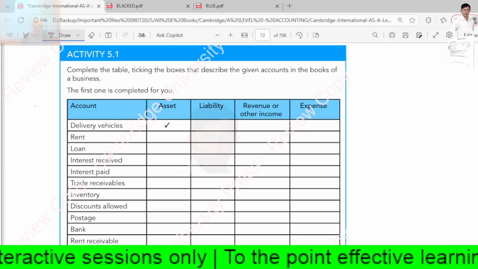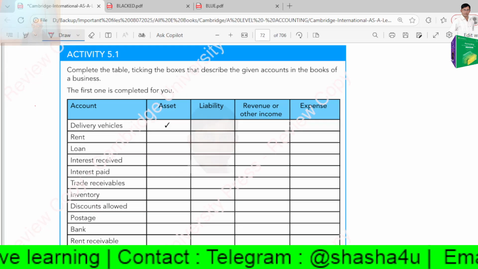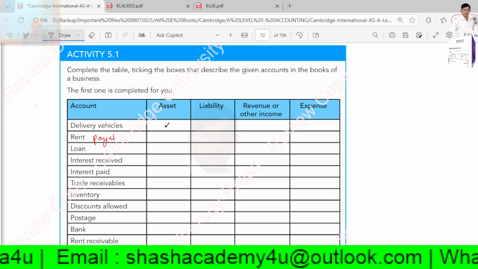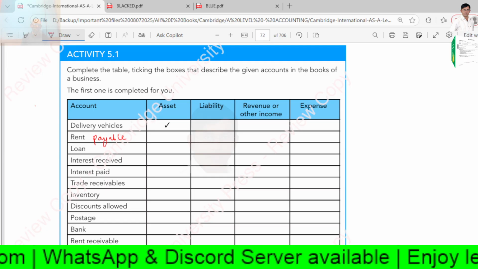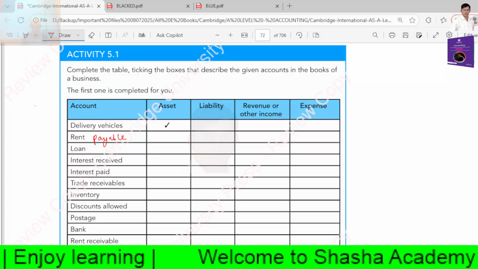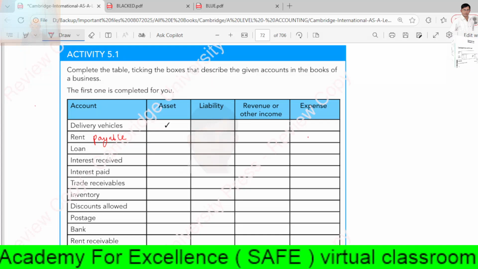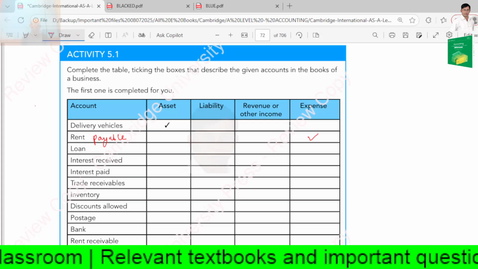So let us assume and presume things. This is the rent paid or payable, so this is an expense. Since nothing is specified, if this was not specified, you could have written it as expense also and income also. It doesn't make any difference, but normally it is taken as expense. So when nothing is specified, when it says rent, it is expense.